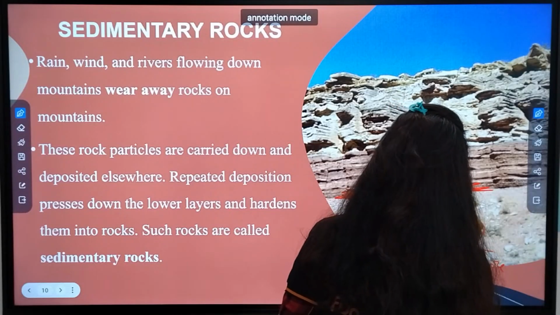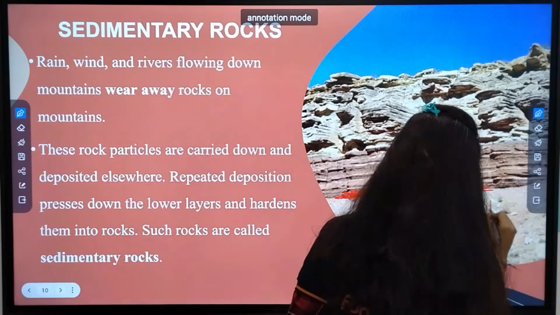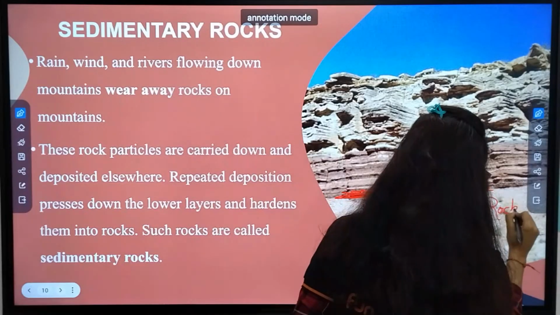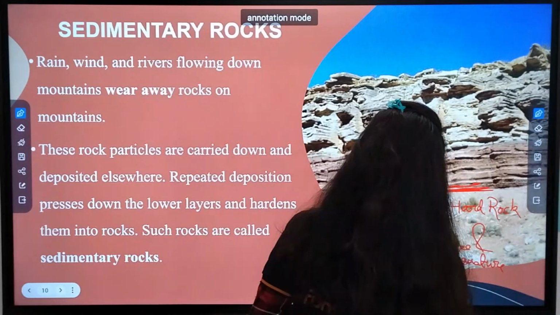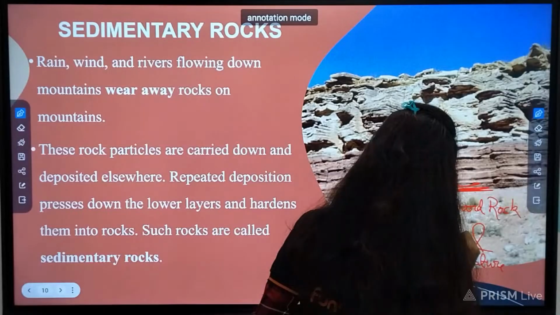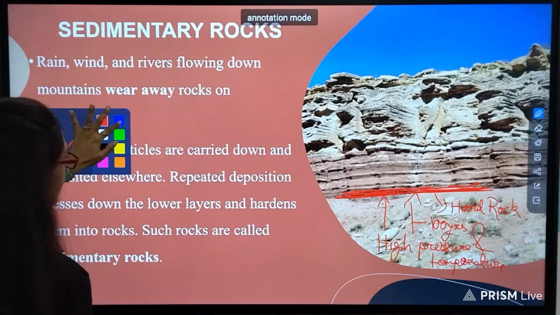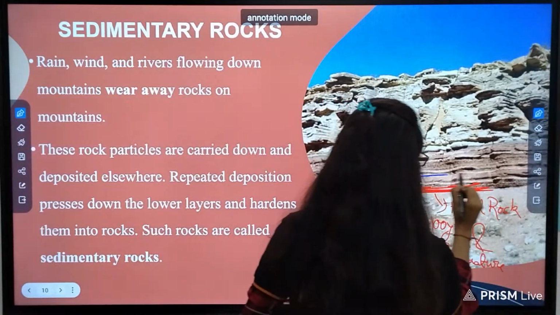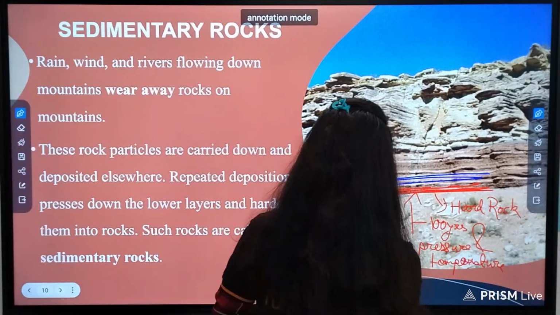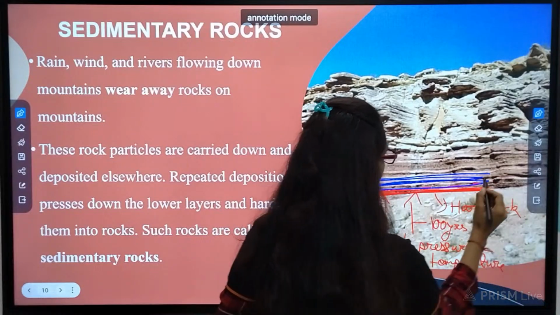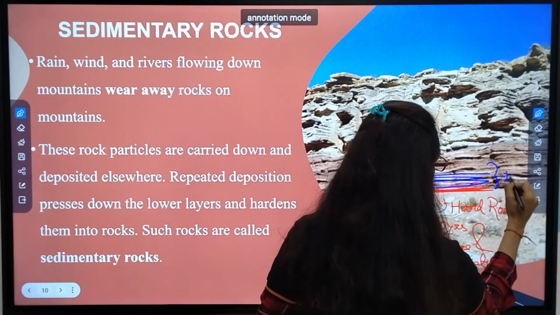Hard rock. After, suppose, 100 years. Now again, above it, another layer of rock is being formed in the same way after again 100 years.